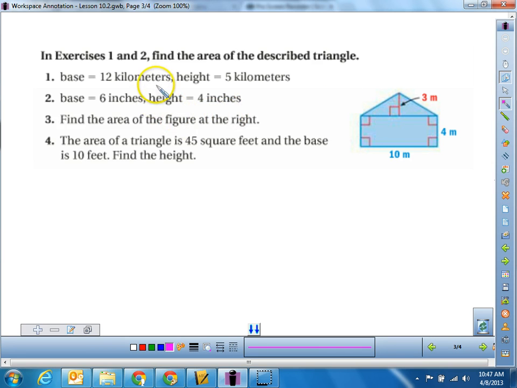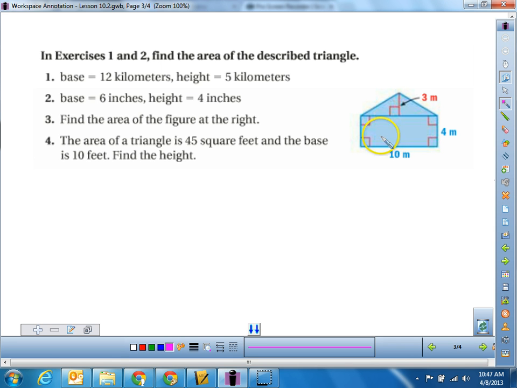So if we go ahead and look, the base for here, the area of the triangle is 45 square feet. We're going to go ahead and look, we've got 10 meters here for our base, 3 for our height.